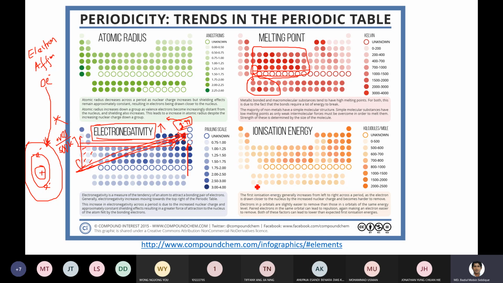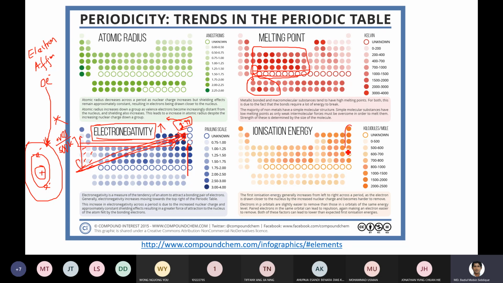Another thing is ionization energy. Ionization energy is the amount of energy it requires to remove an electron from a gaseous atom or ion. It is, of course, always positive. How much energy would it require to remove one electron when this element is in gaseous state?